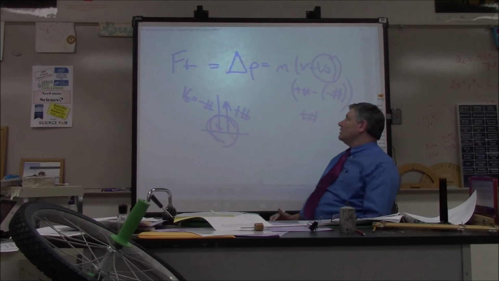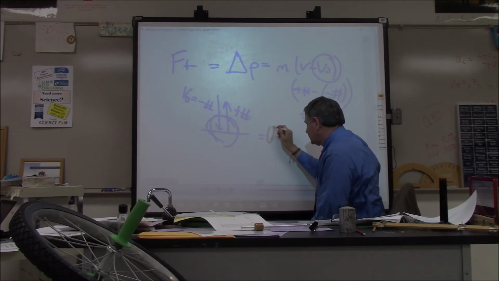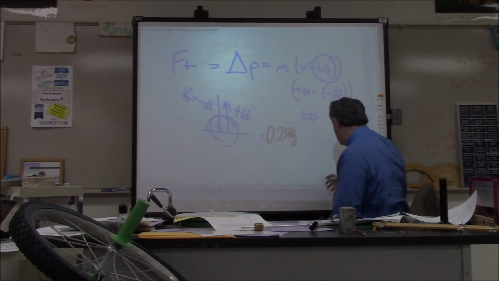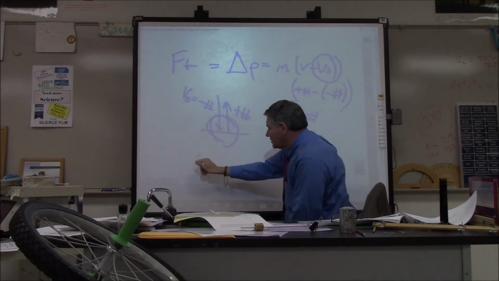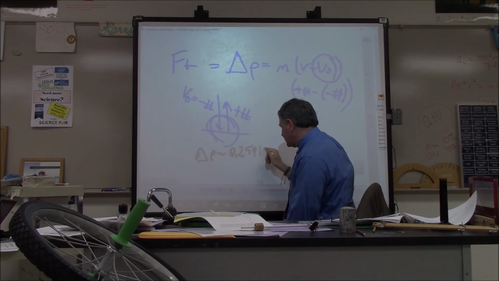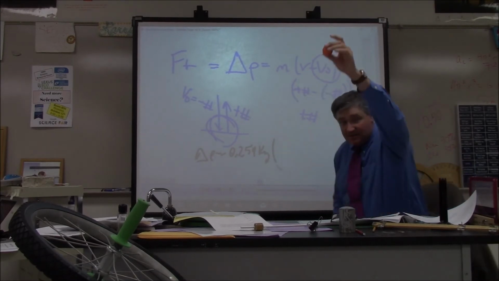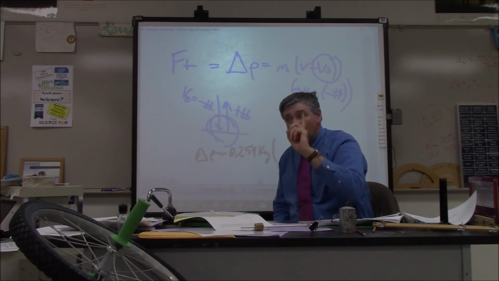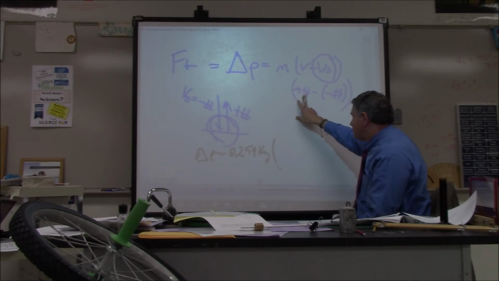Right? So, in this situation, my mass is 254 grams, which is 0.254 kilograms. So in that exchange, when it's hitting the table or the floor, whatever it is, is that 6.02?